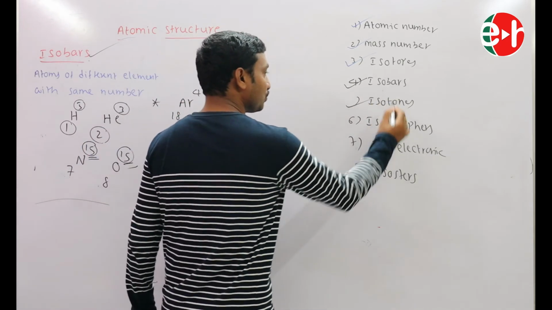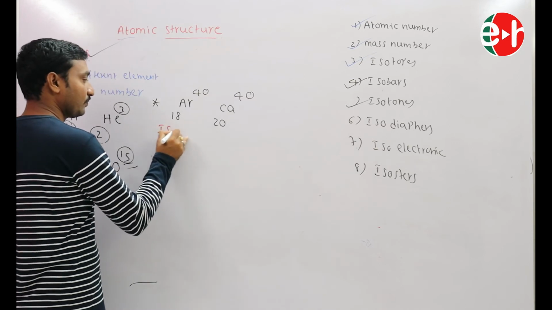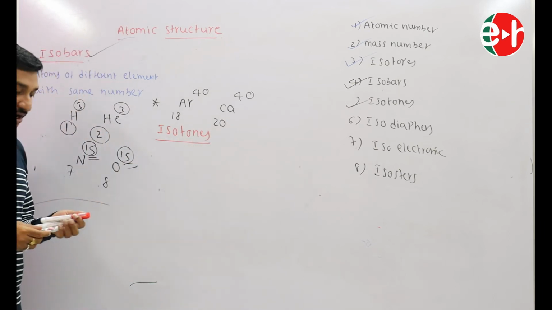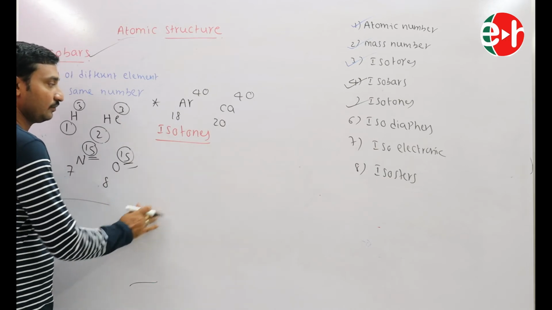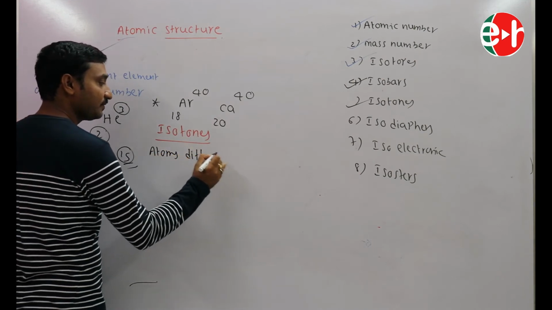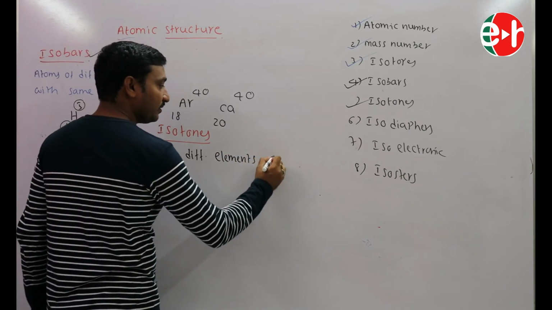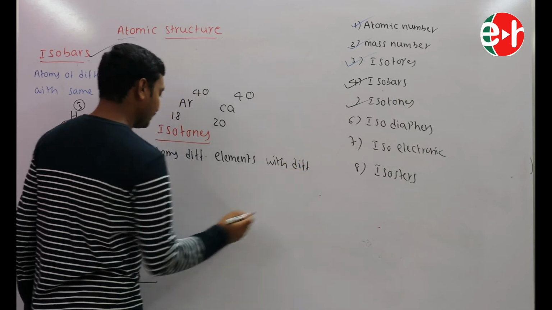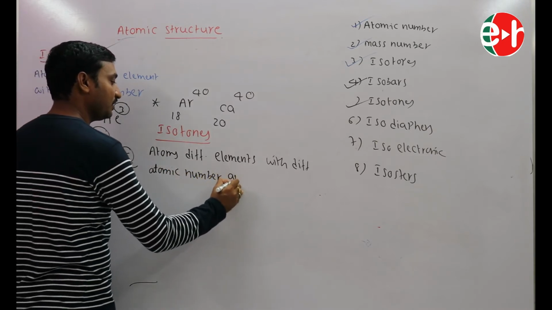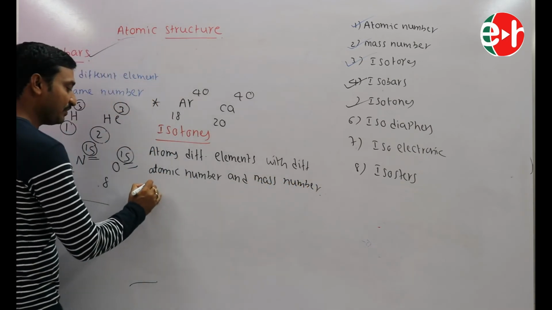Next one, isotones. Isotones are atoms of different elements with different atomic number and mass number, but having same number of neutrons.